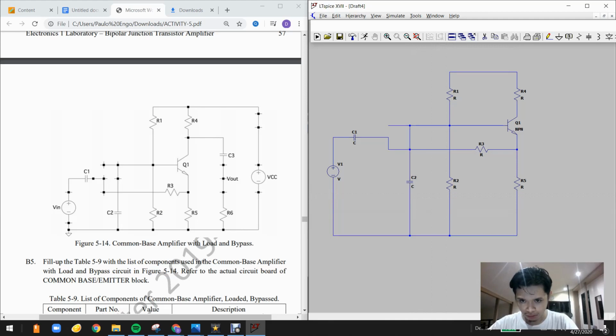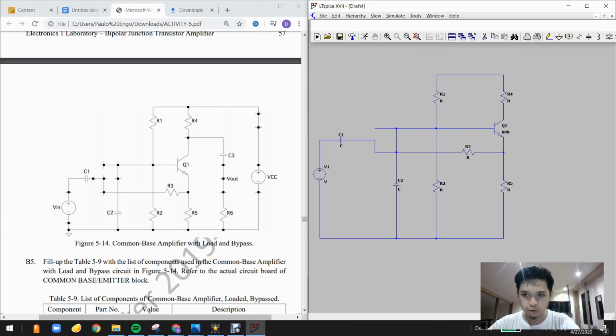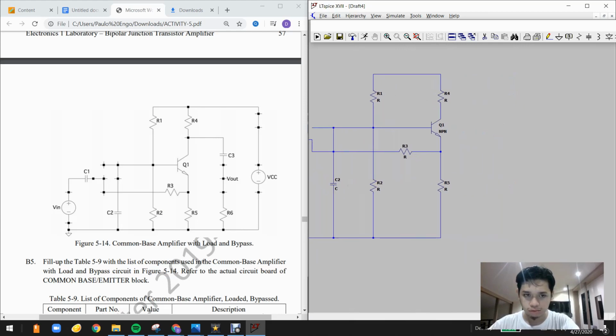There we go. Then moving on to the other part, where C3 is. That's where C3 is, the third capacitor. As usual, there's our V out. Then R6, the last resistor.